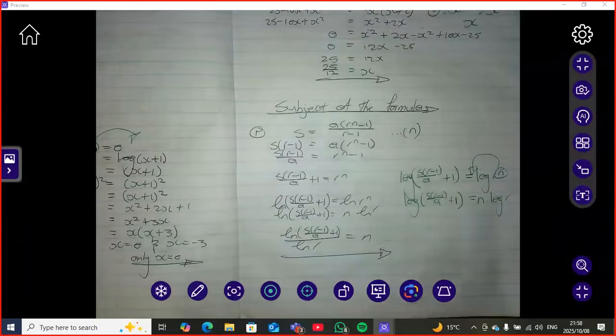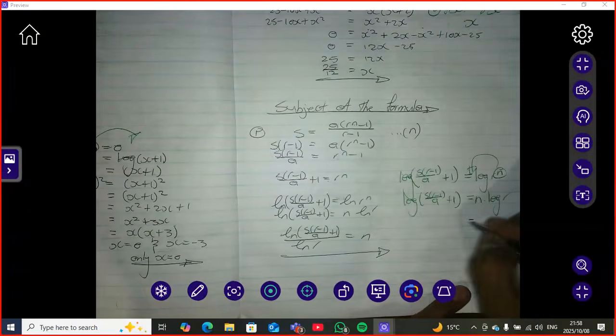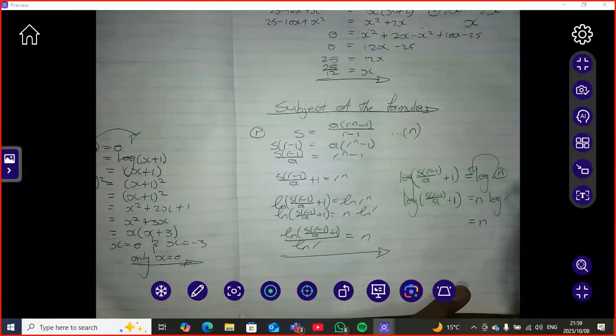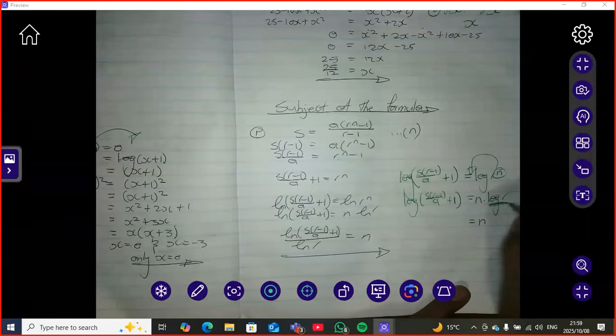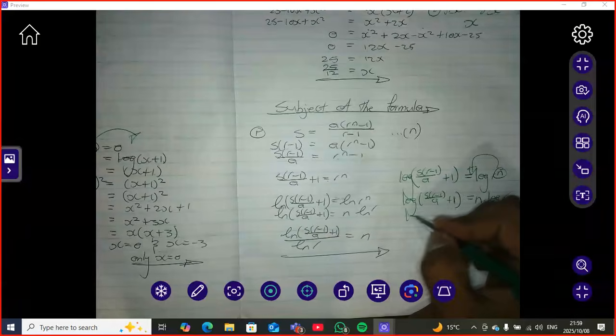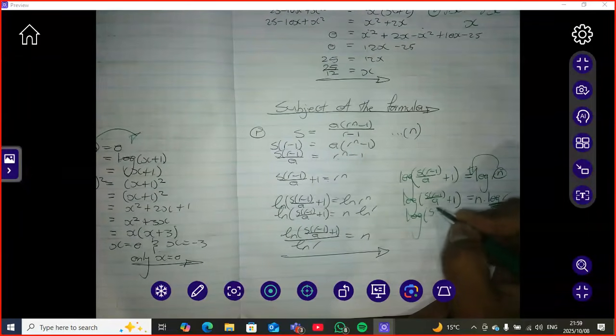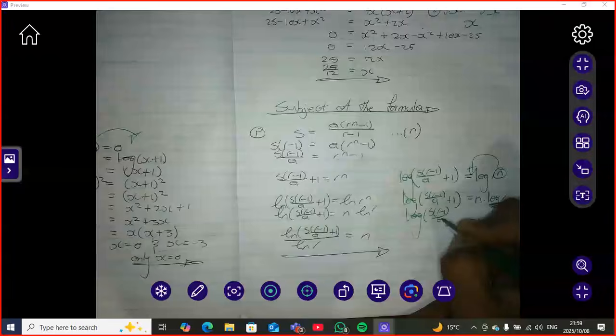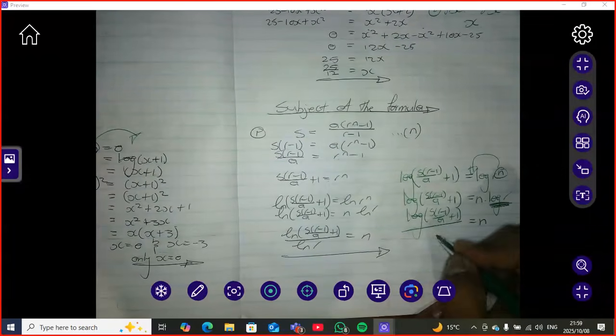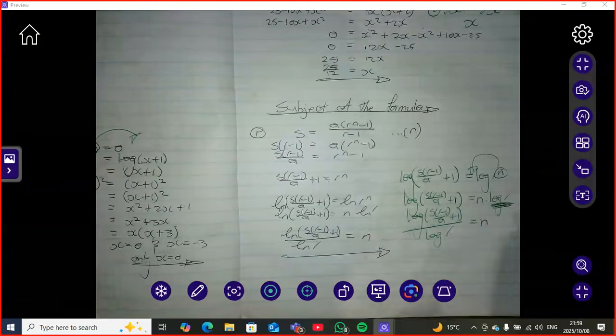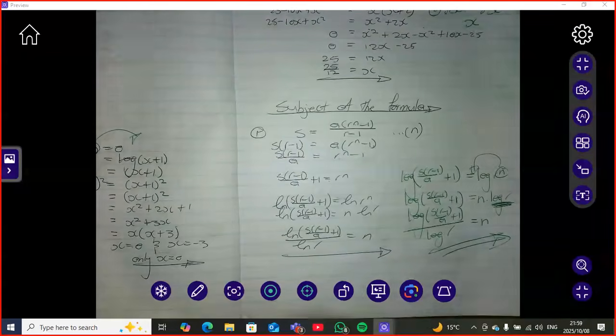Then I want n alone. Remember, to get n alone is my mission. So to get n alone, I must divide with this log r over there. And I'm left with n equals log of (r minus 1)/(a plus 1) over log r. And then there's my answer.